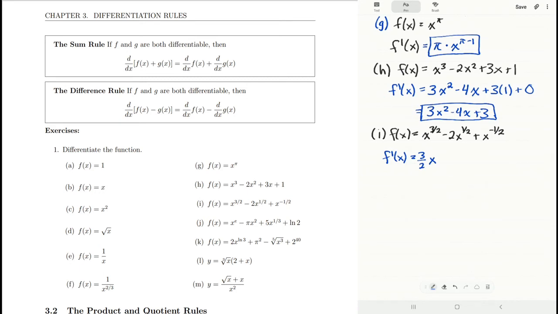So if you want to do this to the side, 3 over 2 minus 1 is 3 over 2 minus 2 over 2, or 1 half. So we have 3 over 2 times x to the 1 half minus 2 times, now we apply the power rule to 1 half, so that is 1 half times x to the power of 1 half minus 1, which we know to be negative 1 half.